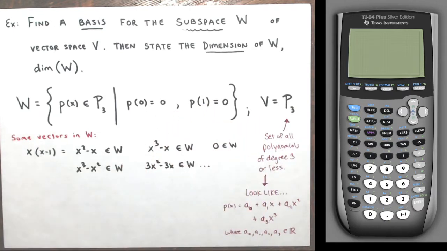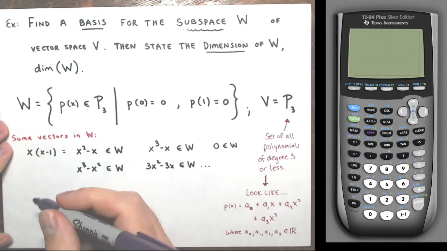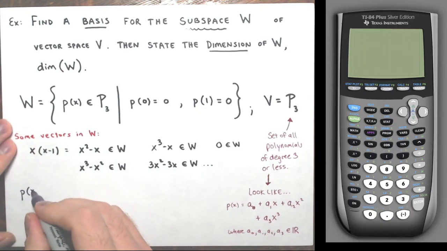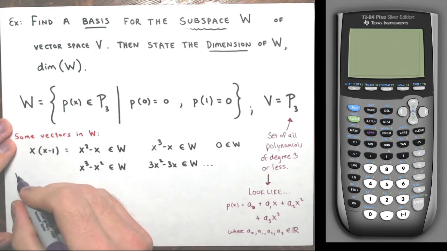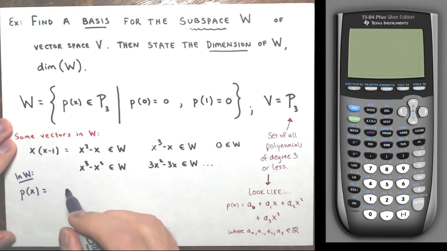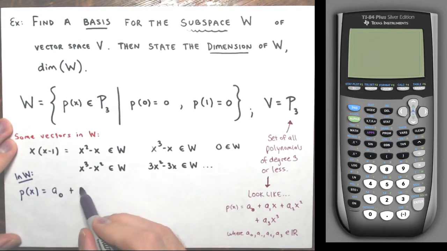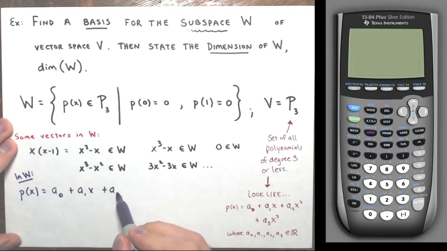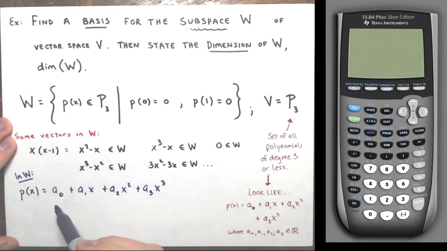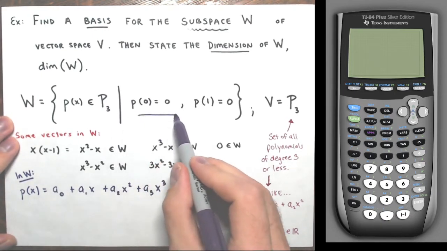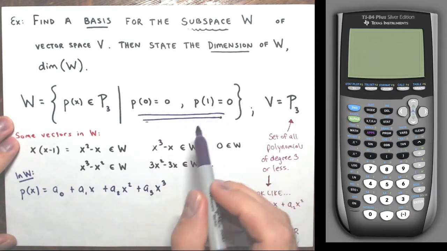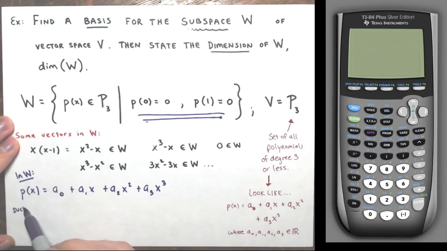So remember my polynomials, and I'll write it again over here so maybe it's more visible. So in W, my polynomials look like this: a0 plus a1x plus a2 x squared plus a3 x cubed, but with these conditions satisfied, such that p of 0 equals 0.